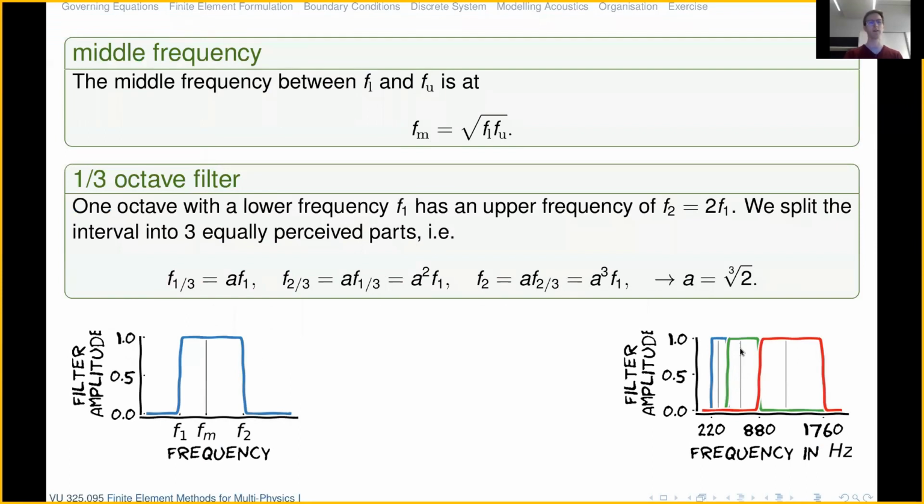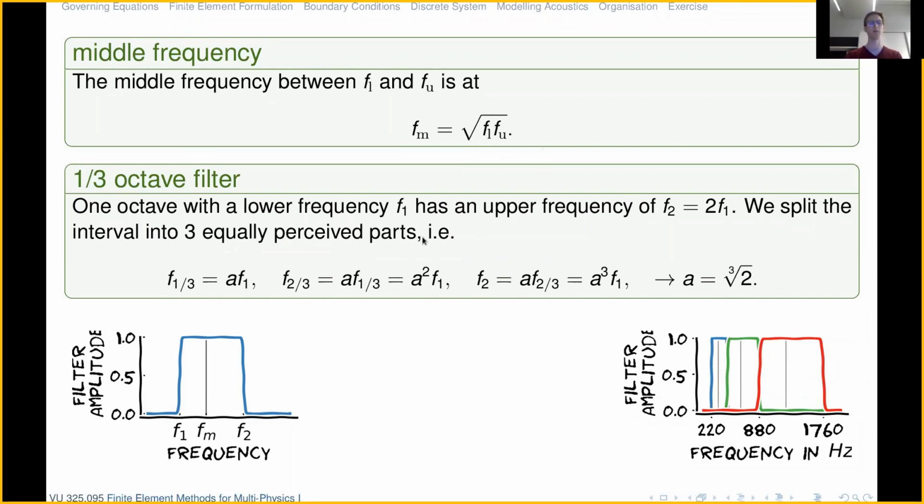And this enables us now to compute the middle frequency. So which frequency is perceived as in the middle of frequency 1 and frequency 2, or the lower and the upper frequency. And if you take the perception into account, this amounts to being the square root of the product.